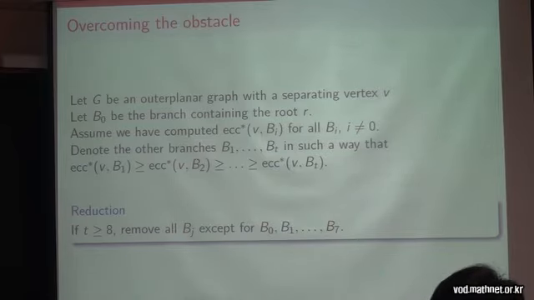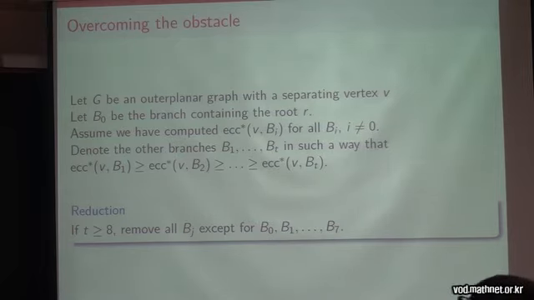So meaning that, ECC star V, B1 up to BT represent these connected components which are attached to V. And ECC star is some criteria that you can recursively compute.